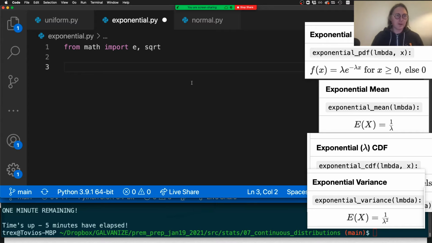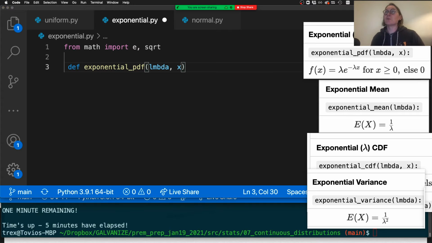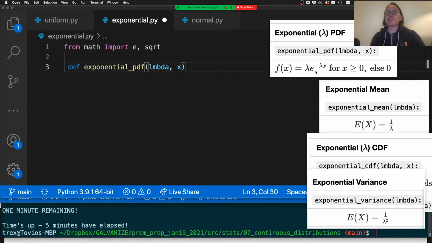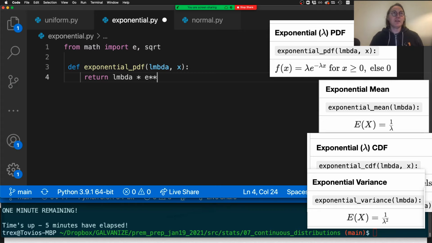Okay. So call this exponential_pdf, and we're going to pass in lambda and x, right? That's what we're seeing here. And this is just lambda times e to the negative lambda times x. So we can return lambda multiplied by e raised to the negative lambda multiplied by x.